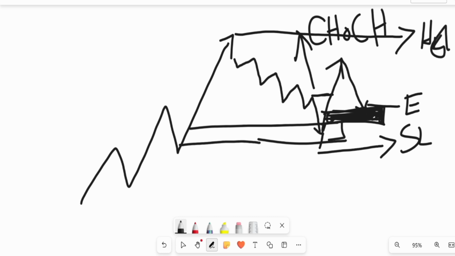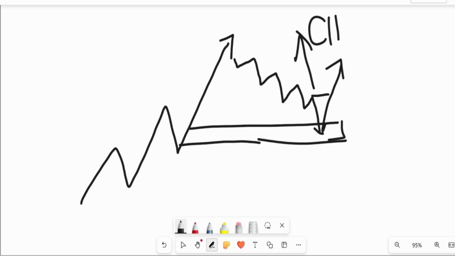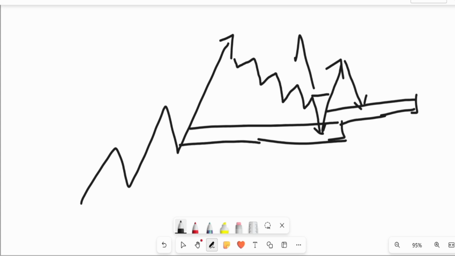I hope it was easy and you have understood well. But before I end, let me repeat your entry. After marking the lower time frame demand zone, you wait for the price to tap it.